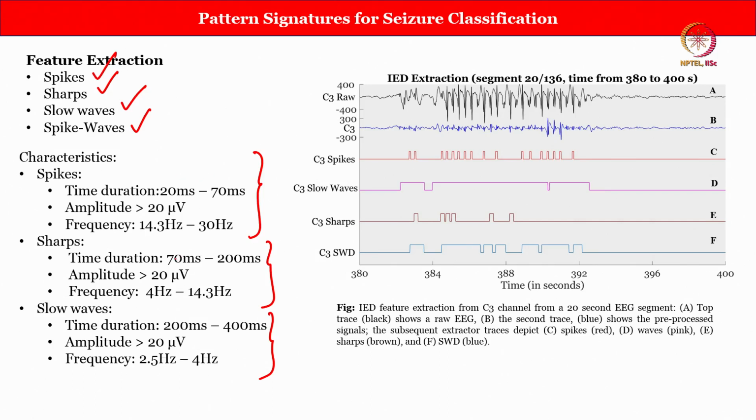Spikes 20 to 70, sharps 70 to 200, slow waves 200 to 400, everything amplitude greater than 20 microvolts, and here the frequency is 2.5 hertz to 4 hertz. Okay. So, frequency is in a way decreasing, right, with a different frequency range: 14.3 to 30 hertz, 4 hertz to 14.3 hertz, 2.5 to 4 hertz.